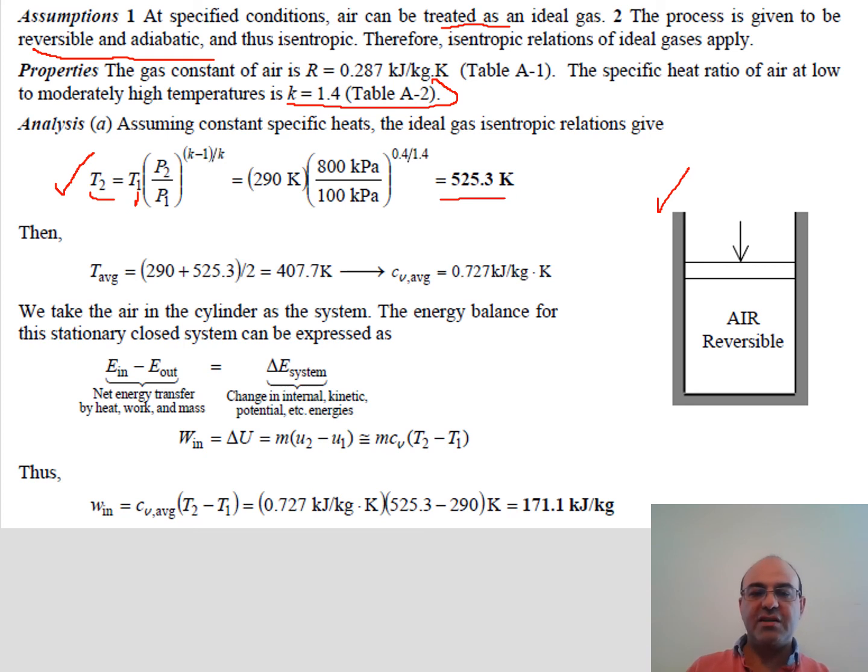So in order to find the work done, we need to write the first law. Energy in minus energy out is equal to delta E. So there is no heat transfer, Q is 0. We need to mention that specifically.